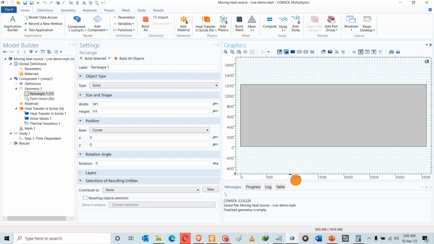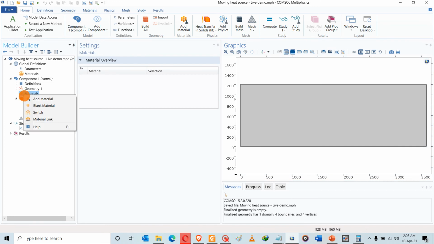Right. So what we're going to have here is a laser beam moving from here to there. Okay? We're going to move on, and add and close this node.